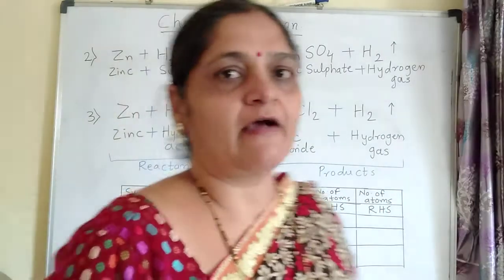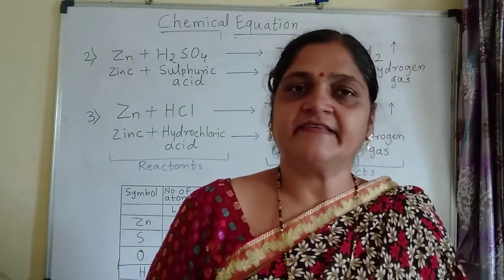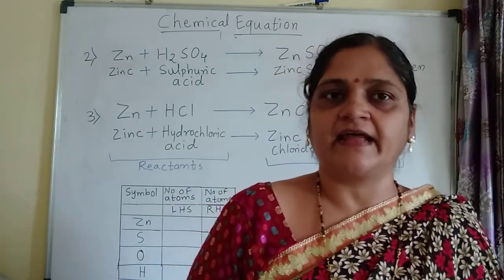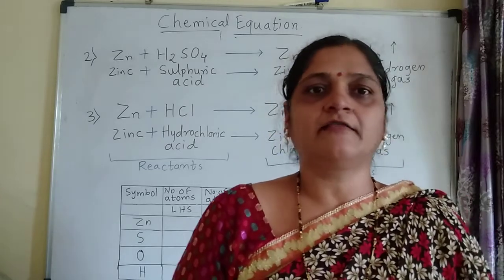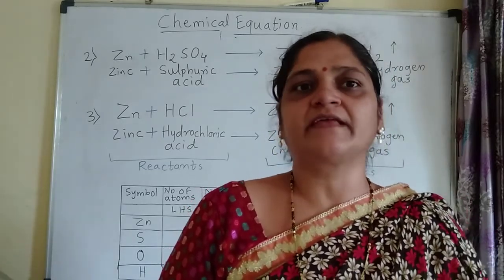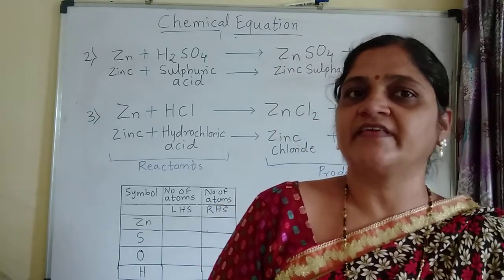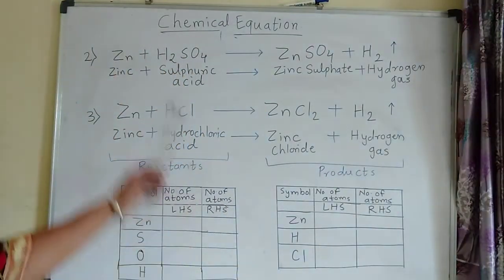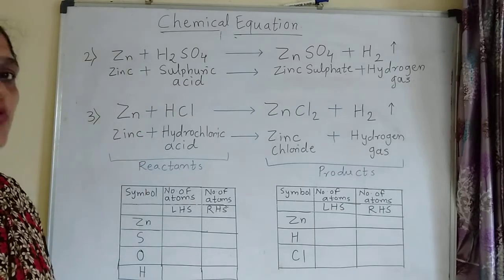Now we have another equation, that is zinc granules reacting with sulfuric acid to produce zinc sulfate and hydrogen gas. Similarly, we have a third reaction, that is zinc granules reacting with hydrochloric acid to produce zinc chloride and hydrogen gas. Now I have written both these reactions in the form of symbolic equations and word equations.